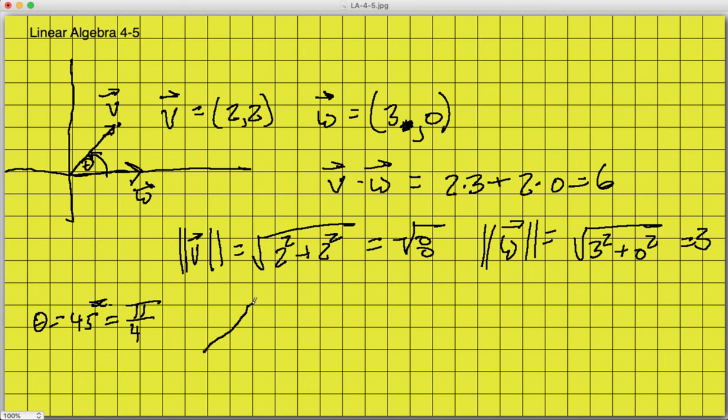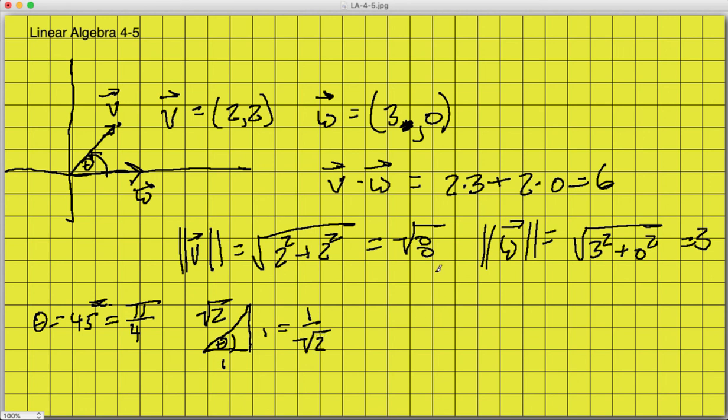Well, remember, if I've got a 45, 45, 90 degree triangle like that, it's 1, 1, and this would be radical 2. And if this is theta over here, and the cosine is the adjacent over the hypotenuse, that's equal to 1 over radical 2.